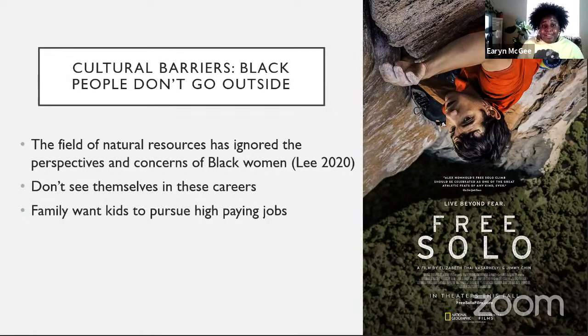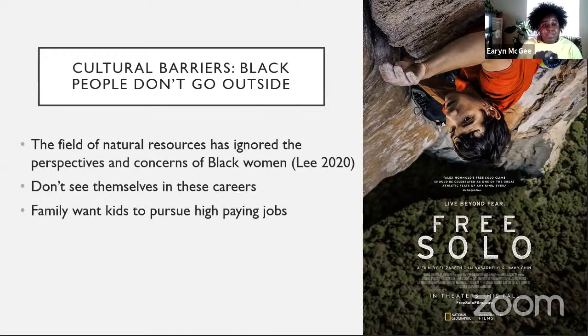And, you know, there's some truth to that, because going back to our other barriers, like our structural barriers, Black people were explicitly told, you cannot come recreate here. You cannot be in this job position, and so on. So that ends up being internalized, and people feel like they actually don't belong in these areas. And so the field of natural resources overall has ignored the perspectives and concerns of Black women.